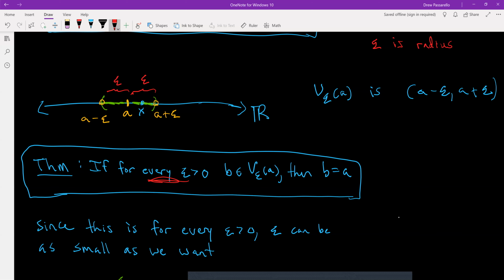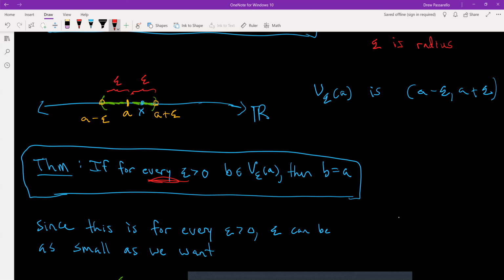So if B is contained in this epsilon neighborhood around A for any value epsilon greater than 0, no matter how small, then B is going to be equal to A.